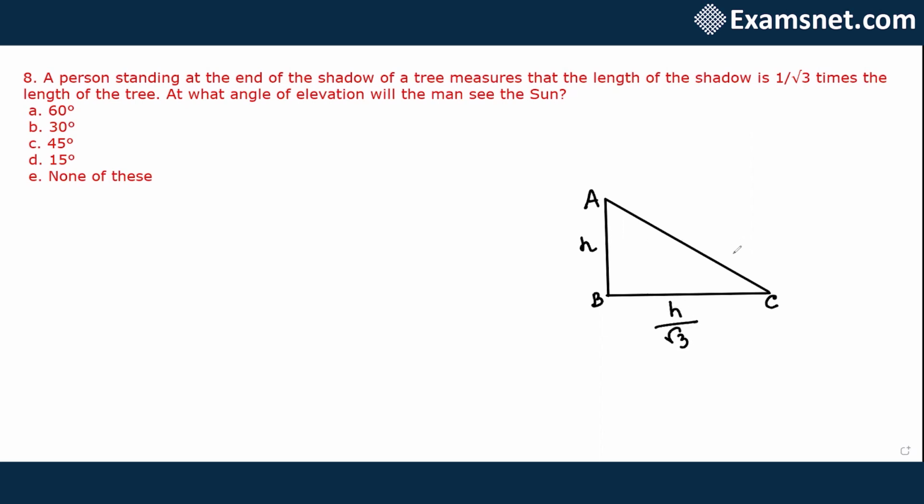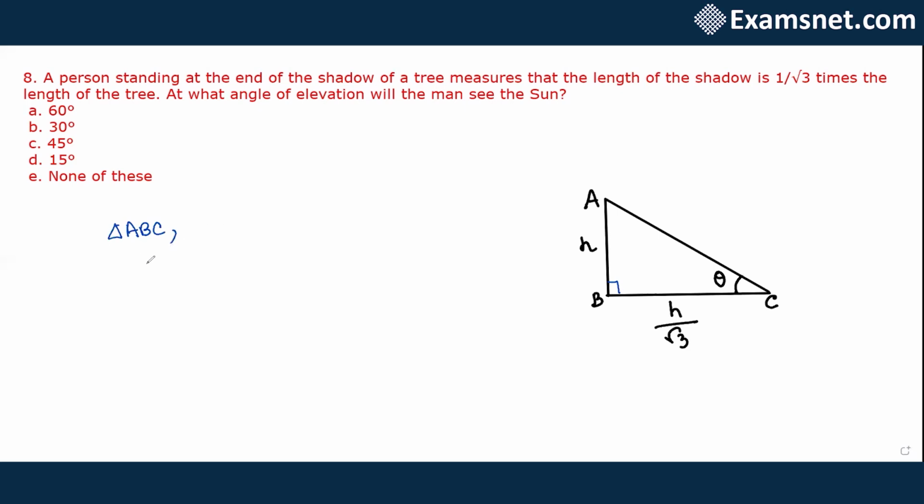Now, at what angle of elevation will the man see the sun? Let us assume the angle of elevation as theta. Okay, so let's start with the steps. Now we can consider triangle ABC here, where angle B is 90 degree.